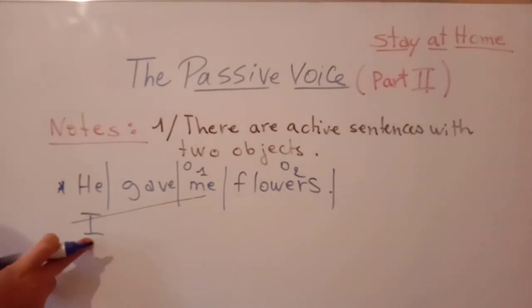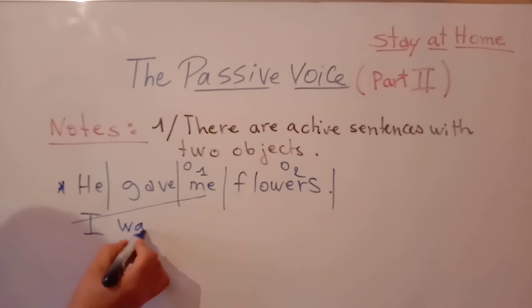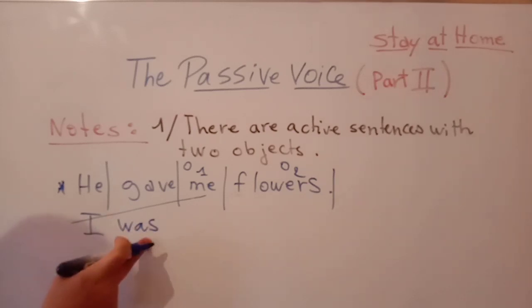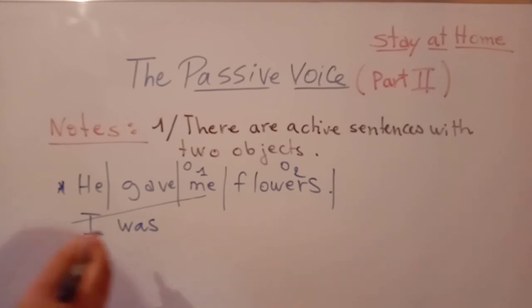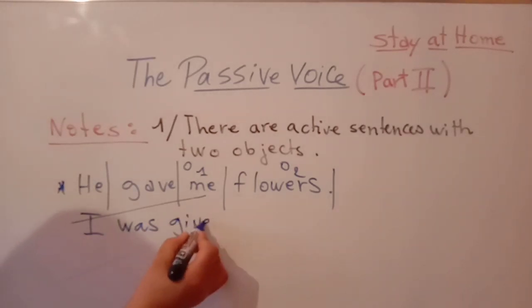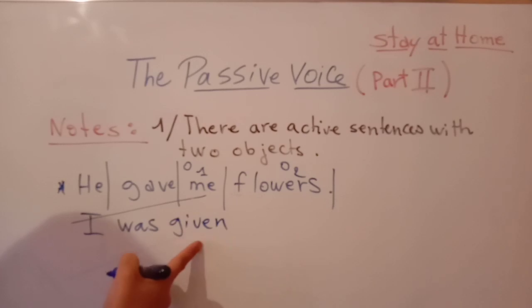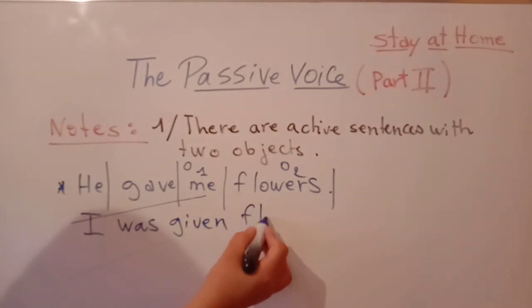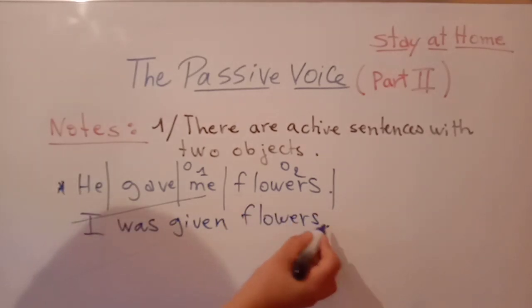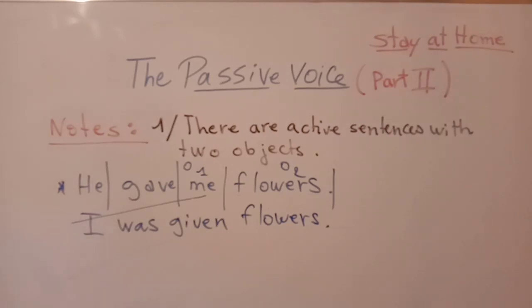Here we have I. So of course it was. I was plus past participle of the verb to give, which is given. So I was given what? Flowers. Is it clear? So this is concerning the first object.